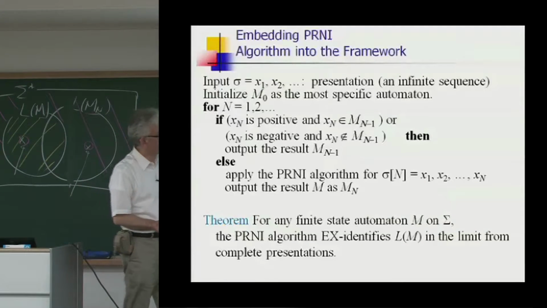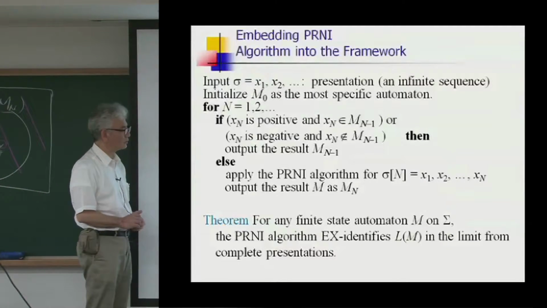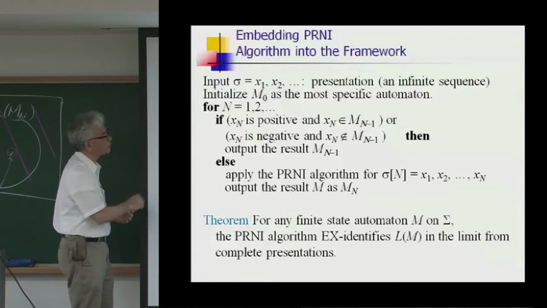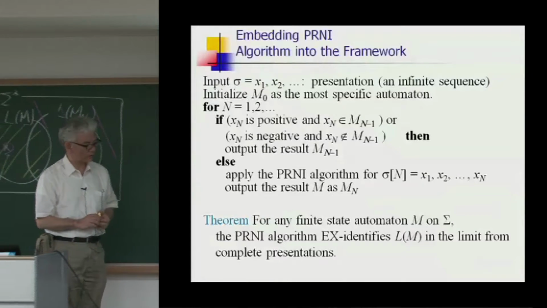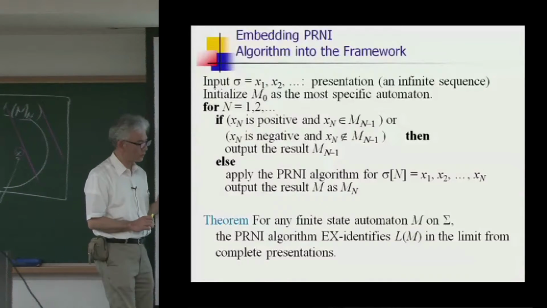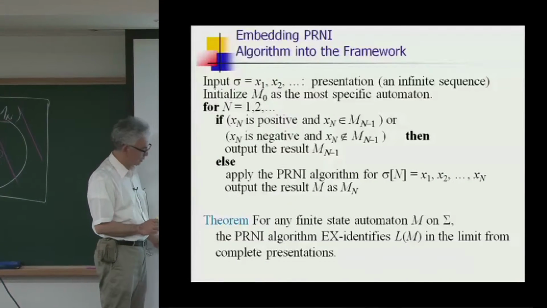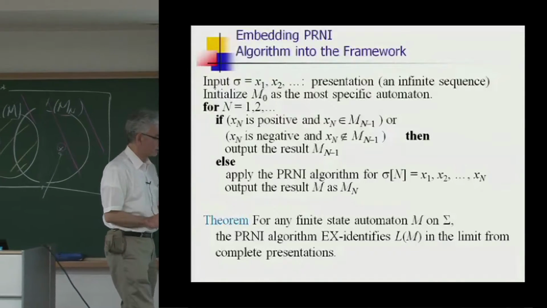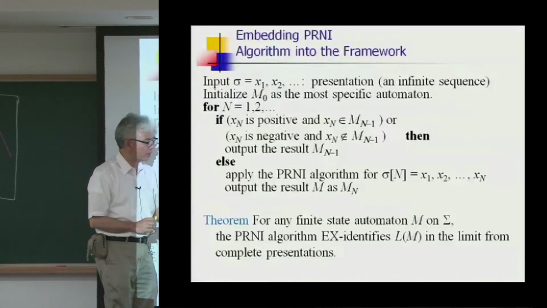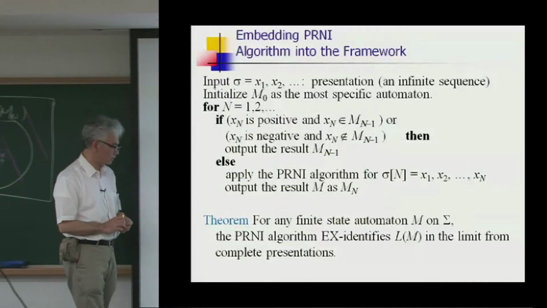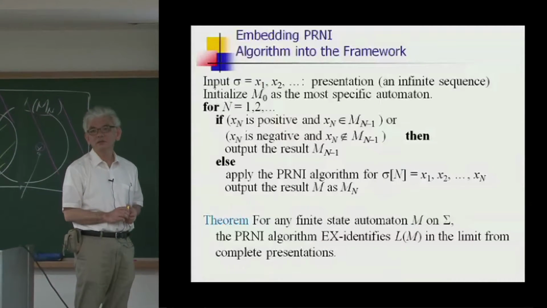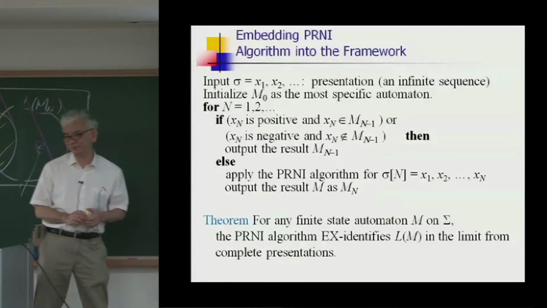A slight modification of the pruning algorithm fits the framework, so it is not essential, but I would like to propose that for any finite state automaton M over sigma, the pruning algorithm EX identifies L of M in the limit from complete presentations.